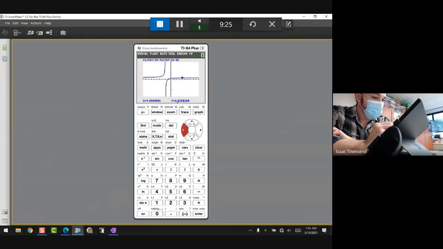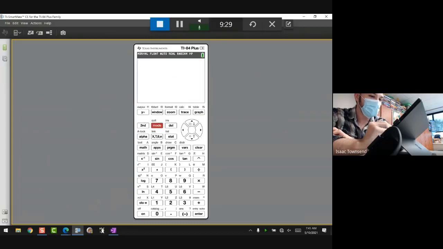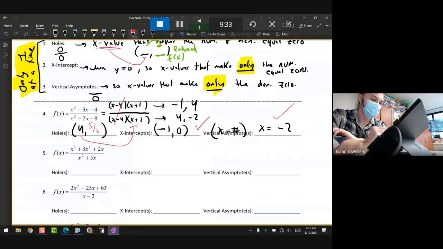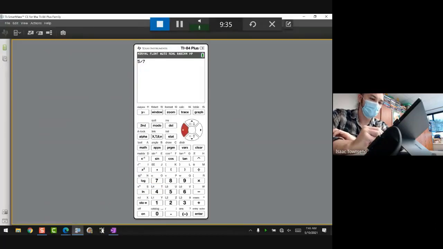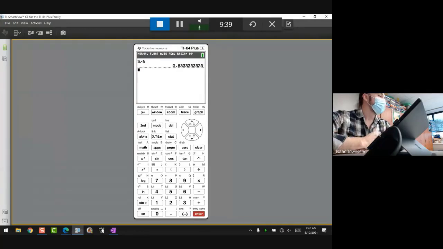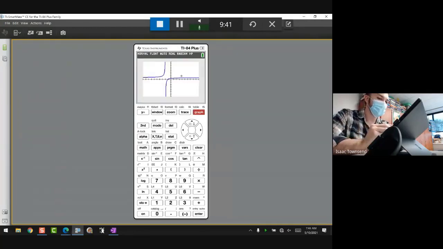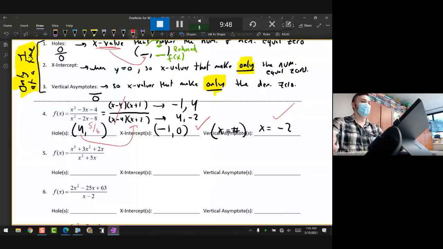The numbers are around 0.54, 0.53, and I said it was 5/7 or 5/6, which is about 0.83. So your calculator does a very poor job of showing you holes. It's just not programmed to make that obvious. But we don't need that because we can find it algebraically anyway.